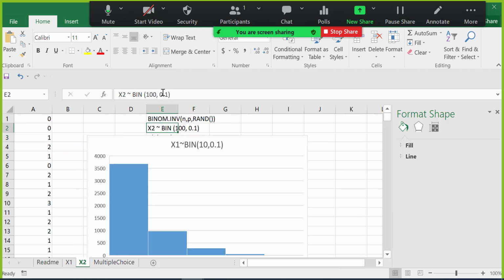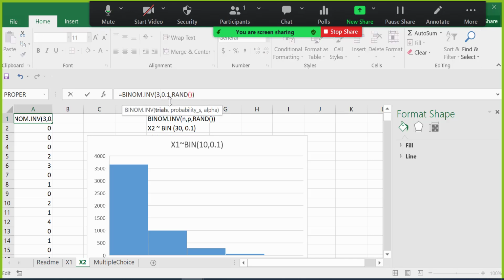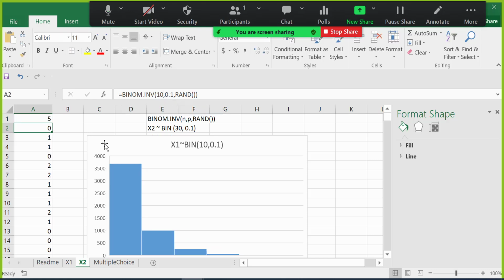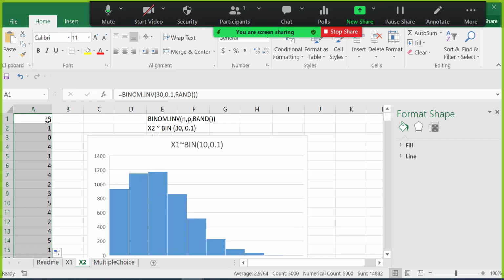The probability of success is the same, but I pick the number of trials as 30 instead of 10. So we can click here, change the formula. Instead, we generate a different one, but n equal to 30. Right? If you use a PC, you just double click, it automatically copies and pastes the formula.